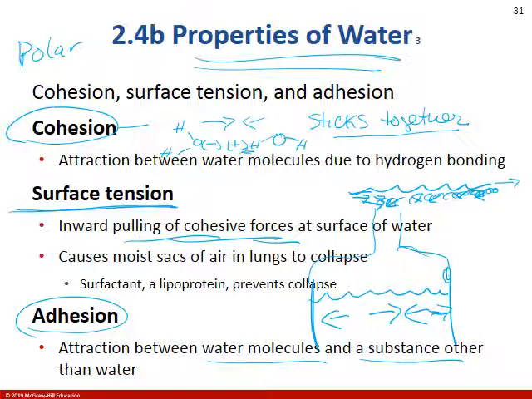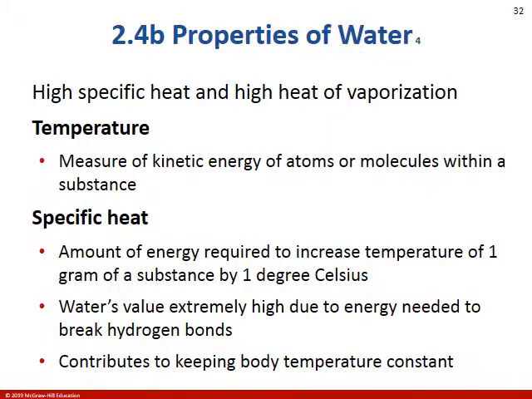So think about a pond, and you have those little bugs, those little water striders that can sit on top of the water, right? They're distributing their weight enough, and the surface tension is high enough. So you're like, great, okay, water sticks together and water sticks to other things. But we need water to break down chemicals in our body. So this is a really good thing.